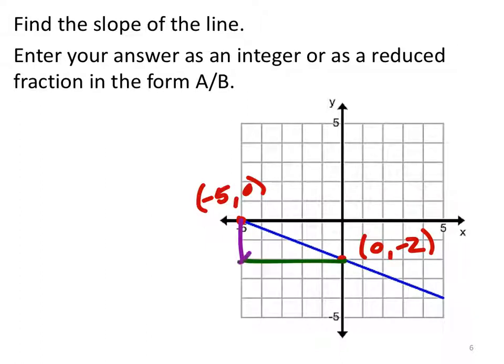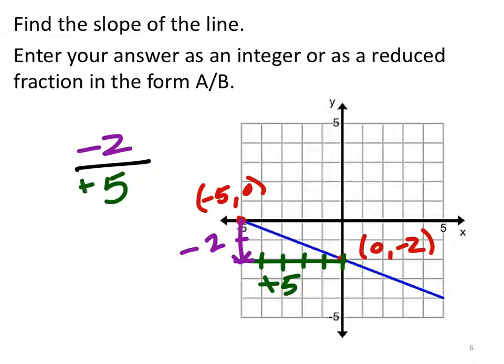Now this is one like we were just talking about. It's going in the downward direction if I go from left to right. And how far did we go down? 1, 2, 2. Now that would be the numerator as -2 over whatever the denominator is to the right, 1, 2, 3, 4, 5. And that is in the positive direction.